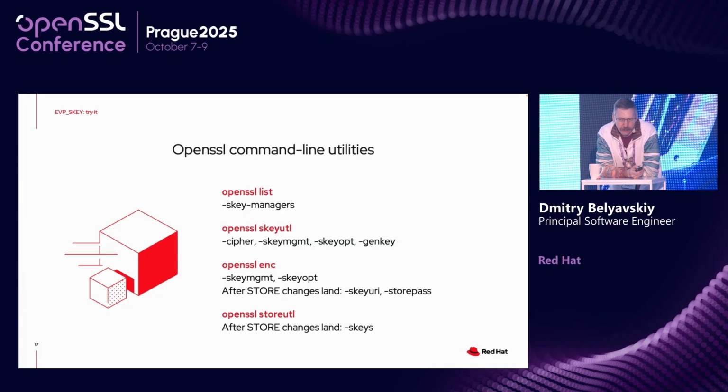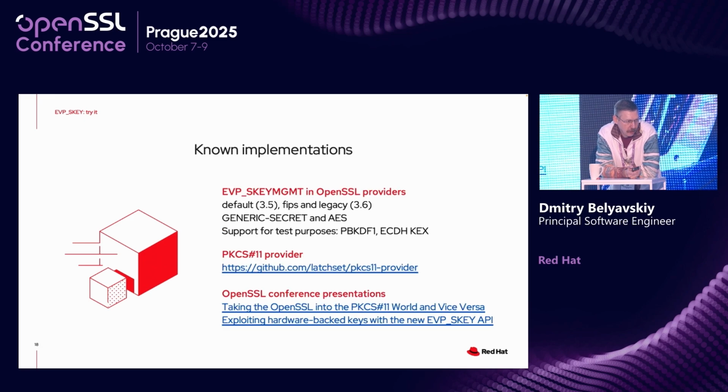And after the storage changes land, we will get two more options to provide the password for accessing a key that is in the protected store. And again, after the store lands, you will be able to list the opaque objects stored in the particular store specified via the storeutl command.